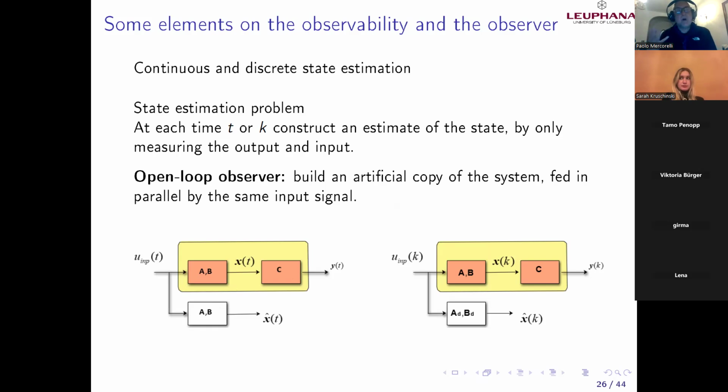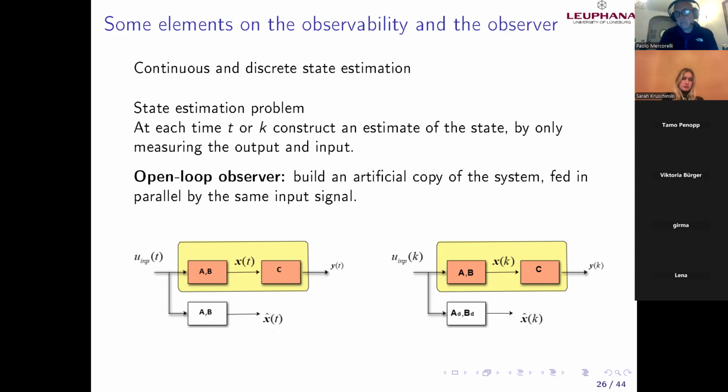Again, this yellow block is exactly the real system, represented by A, B, and C if I consider the sensor. If I know exactly A and B, I can observe X. I will call it X hat. And please pay attention, if I know the initial conditions, I can say that X hat equals X.